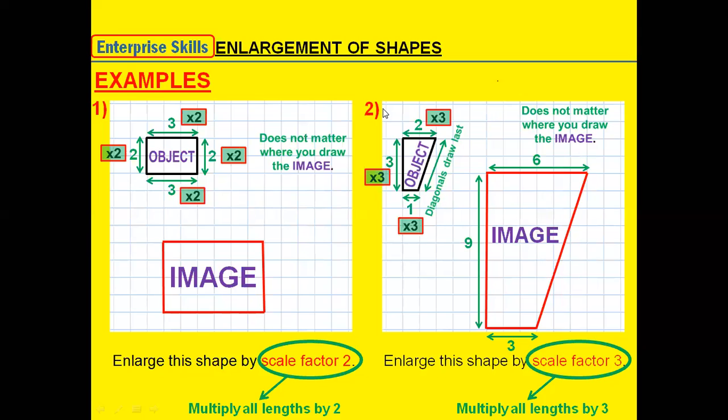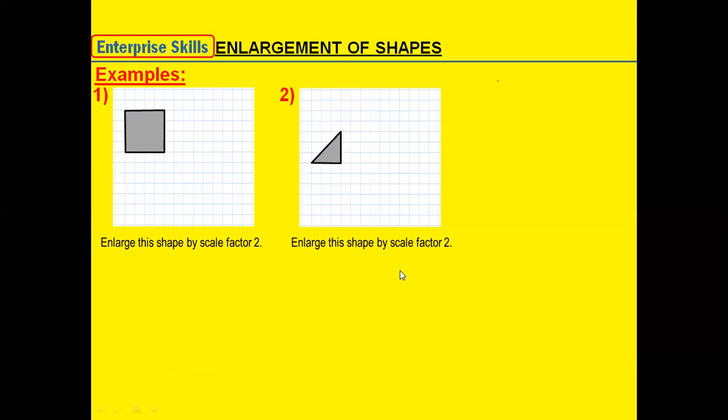Welcome. Let's girls continue the enlargement if we have centers now, which is very important. These are quick questions. This is a square. The length of the square is 4, and the scale factor is 2. So we're going to multiply 4 by 2, 4 by 2.